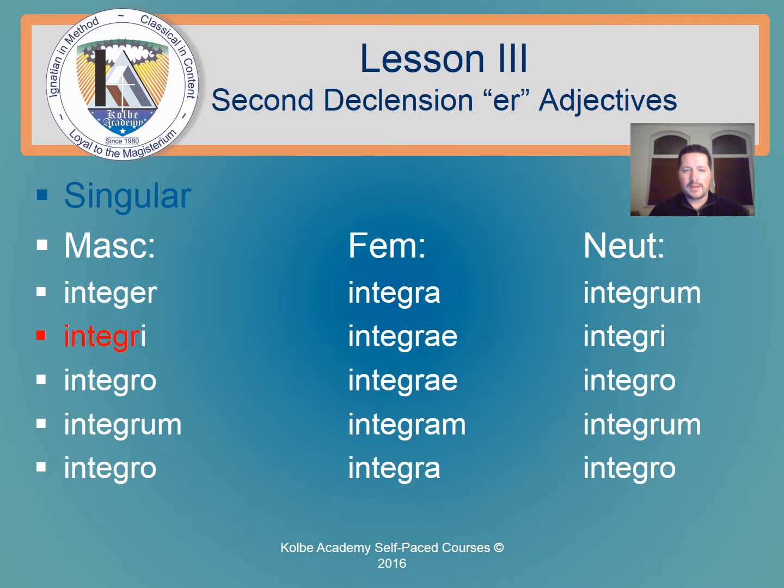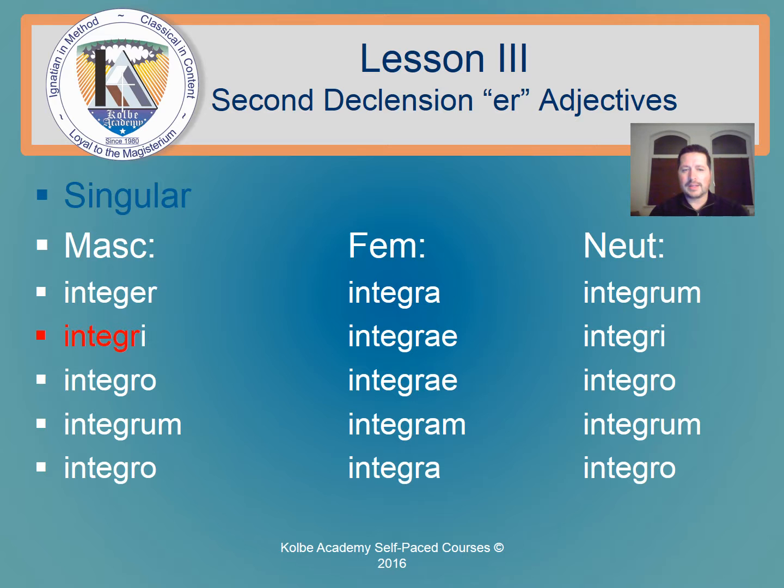But in these, because they're adjectives, they're listed a little bit differently in any dictionary that you might have, including what is provided in your second form Latin book, and with the vocabulary at the bottom of page 14. We'll talk more about it when we get to the vocabulary, but all that's listed is the nominative singular of each of the genders.